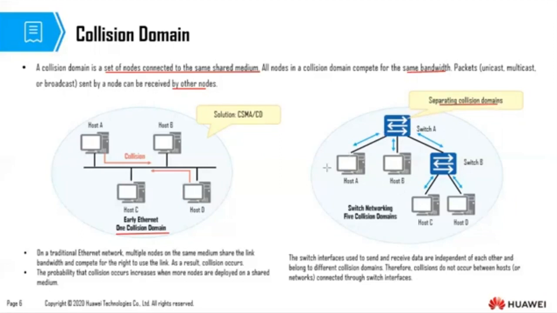By separating collision domains from a single one to multiple collision domains on each link, we are able to reduce the chances of collision ever occurring. Especially if we use media that use different lines for sending and receiving, then we totally eliminate the chance of collision ever occurring.